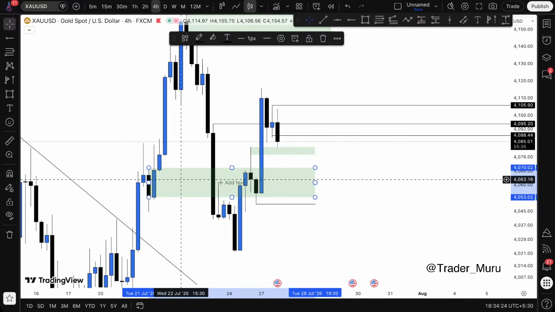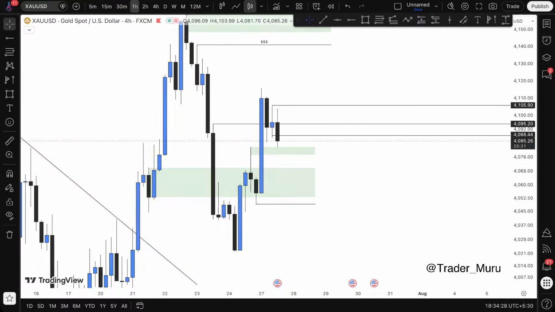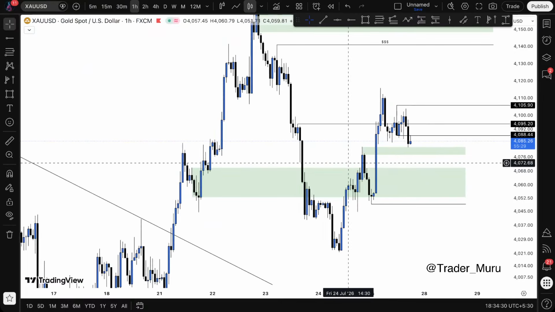Better buy opportunity here from 70 to 53. Wait for one more drop.